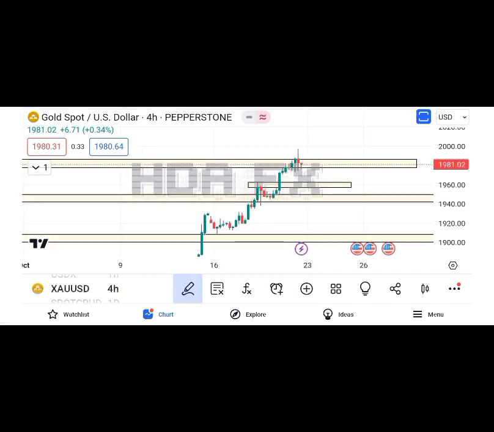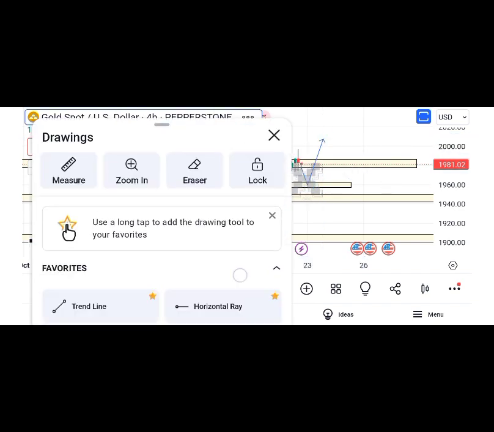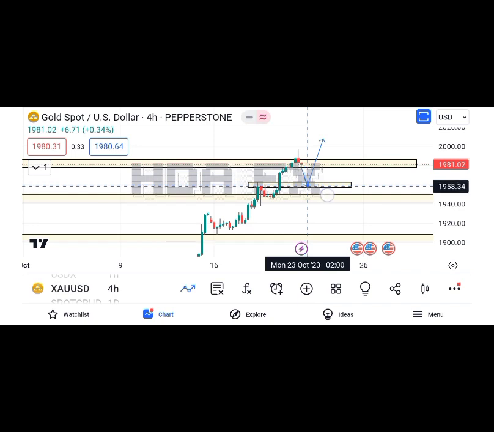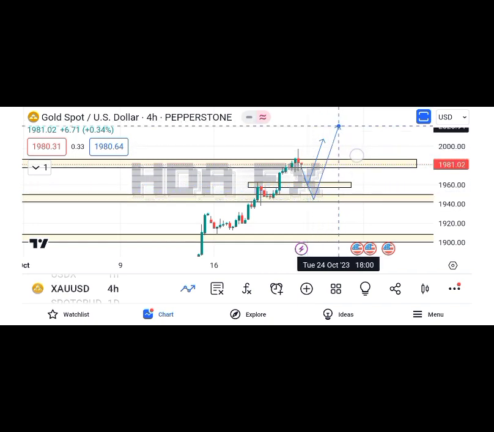I want to see gold retest this zone here, then continue upward, or come to this zone here, or get to this zone. Maybe price can decide to break this particular zone here, then get to this zone here, then continue upward.